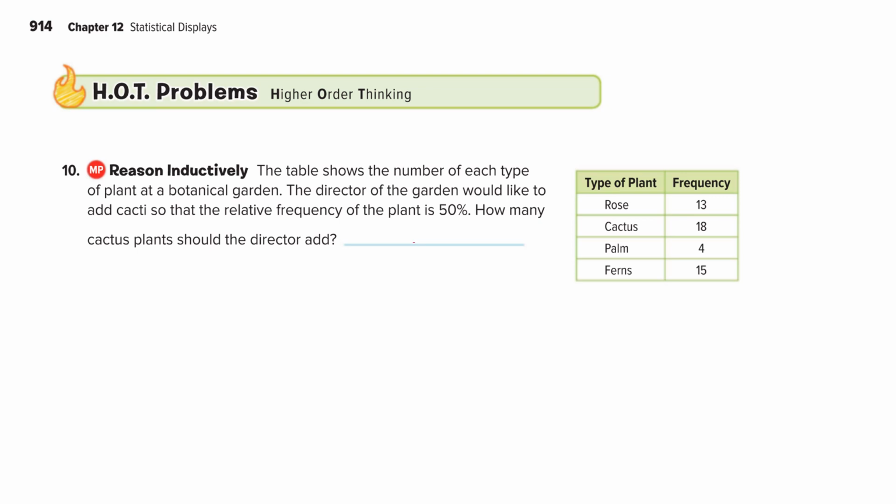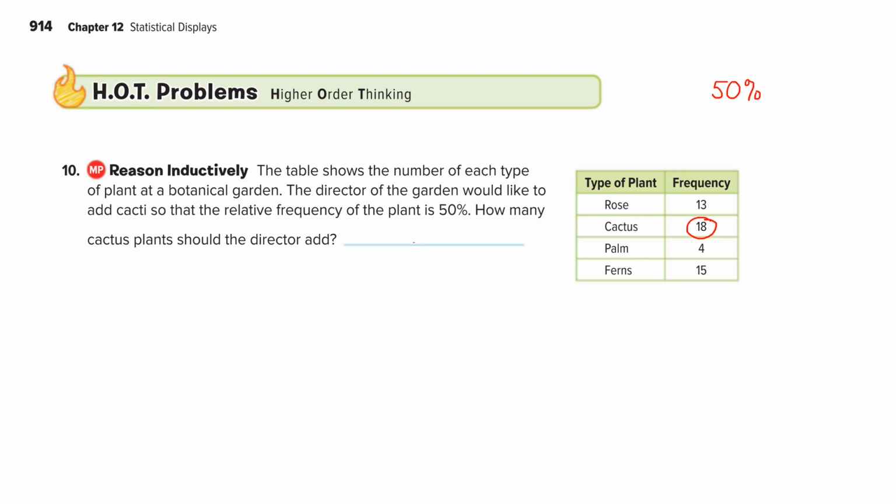Question 10. The table shows the number of each type of plant at a botanical garden. The director of the garden would like to add cacti so the relative frequency of the plant is 50%. How many cactus plants should the director add? Right now, there are 18 cactus plants. We want the relative frequency to be 50% for the cactus plants. So this means that the cactus plants need to represent 50% of the data.